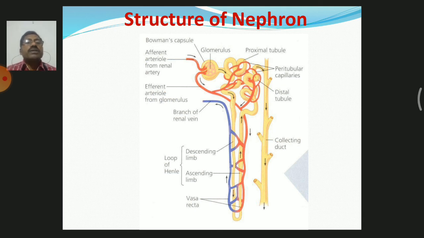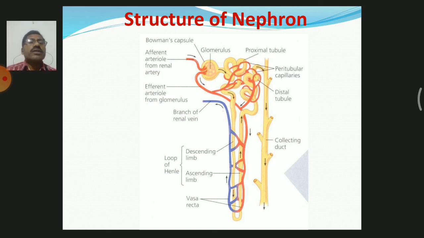Then the proximal tubule leads into the loop of Henle. The scientist Henle discovered this U-shaped structure, so it is called the loop of Henle. The loop of Henle consists of a descending limb and an ascending limb.